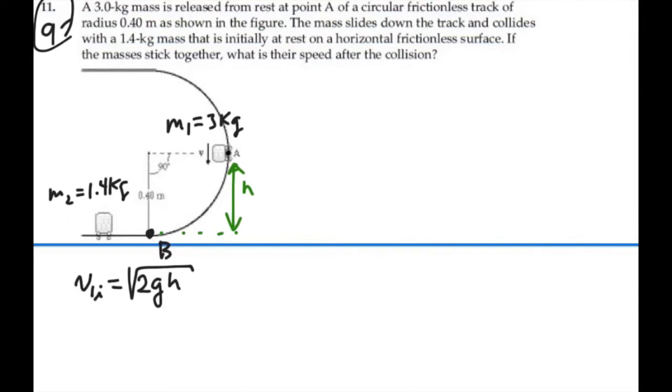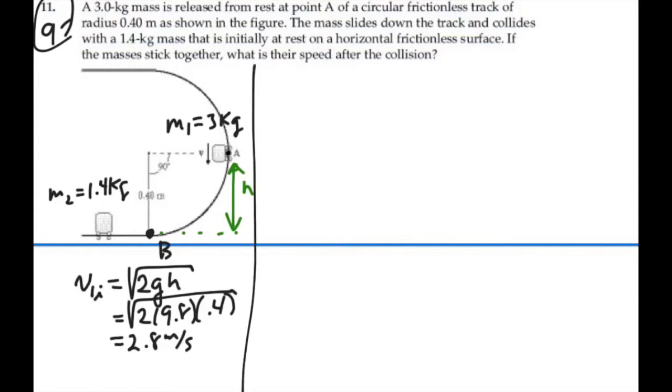Just from conservation of energy, that's going to be the square root of 2 times 9.8 times 0.4 meters for h, and that's equal to 2.8 meters per second. So that is the velocity of mass 1 right before it hits.